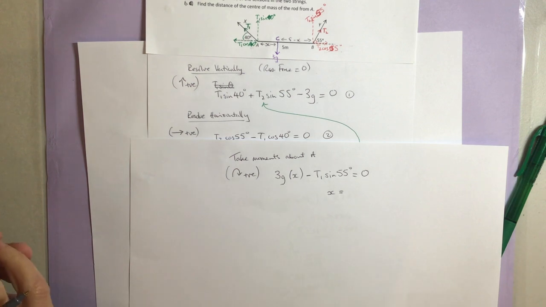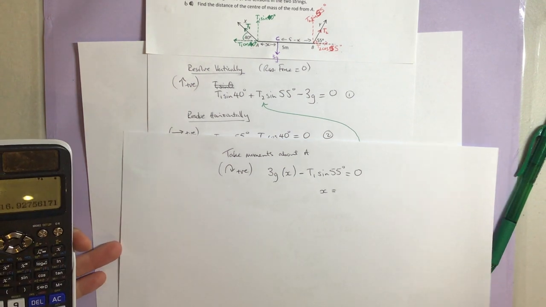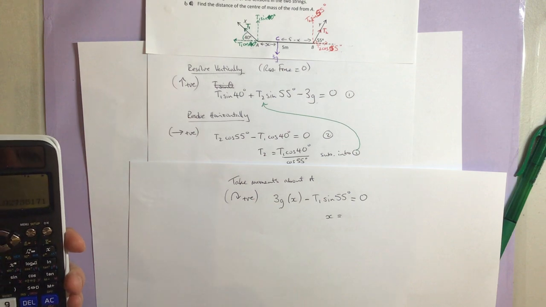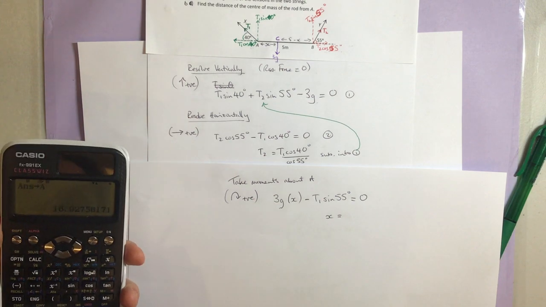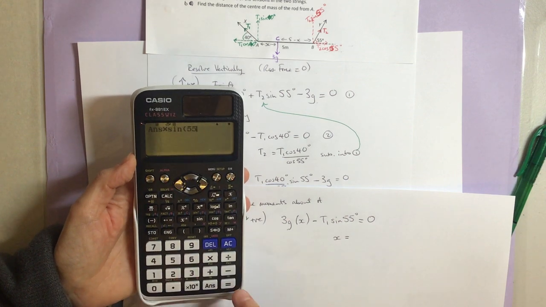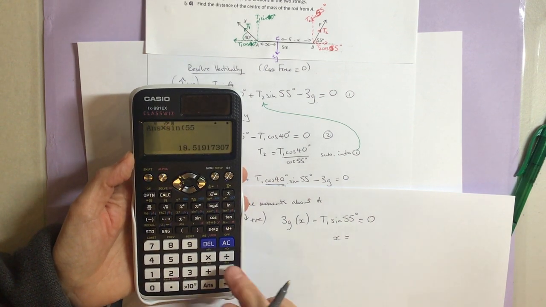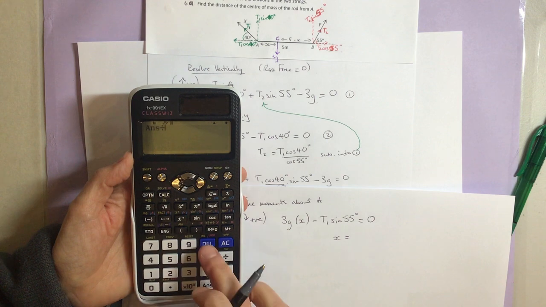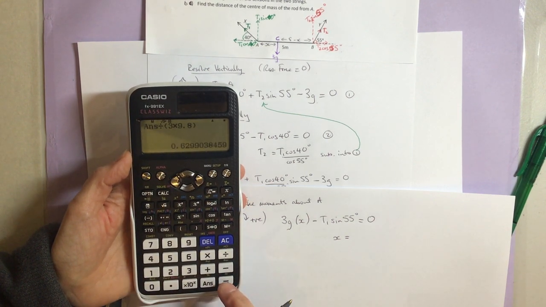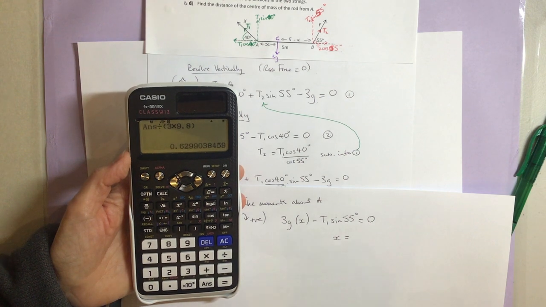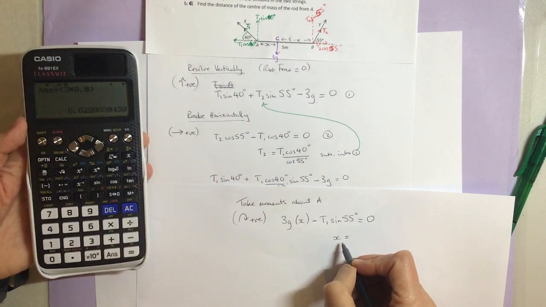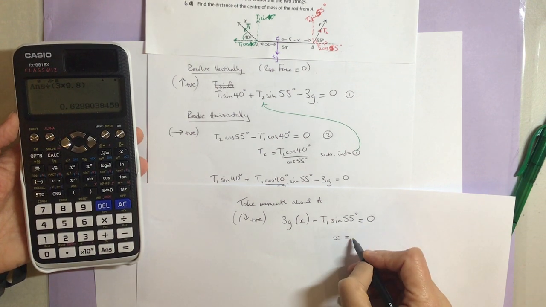So I'm just going to do a little bit of sorting out on my calculator. So T1, which I already had stored, 16.927 times, sorry, I'm not sure if you can see that, times sine 55. And then I'm going to divide that by 3G, 3 times 9.8. And that's given me my answer for X.